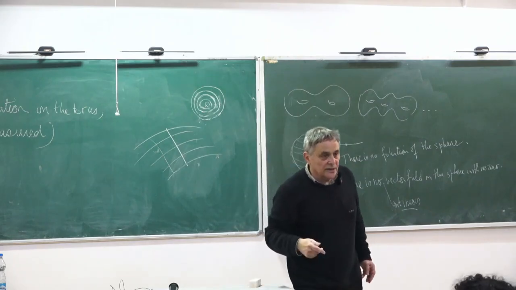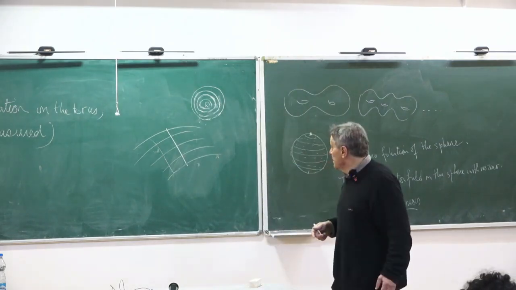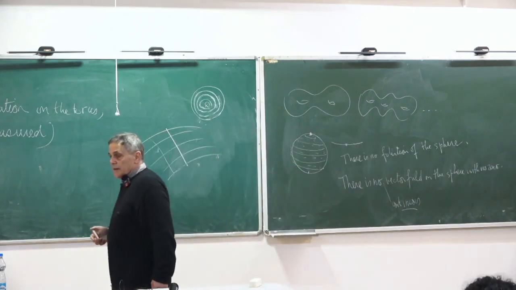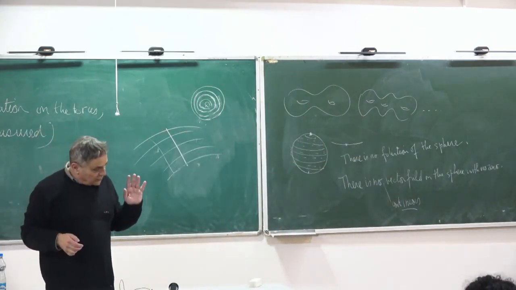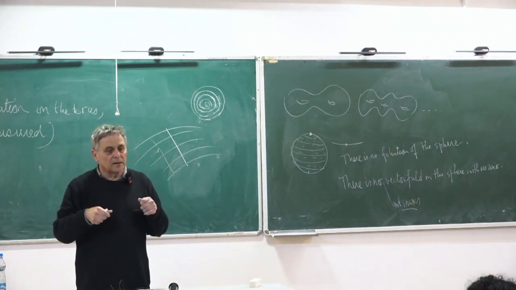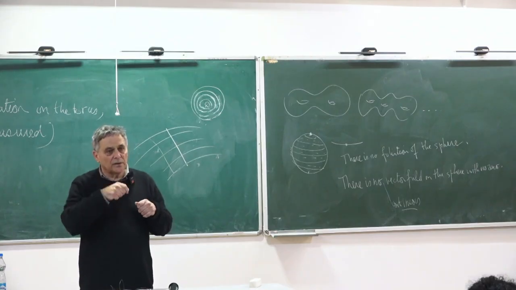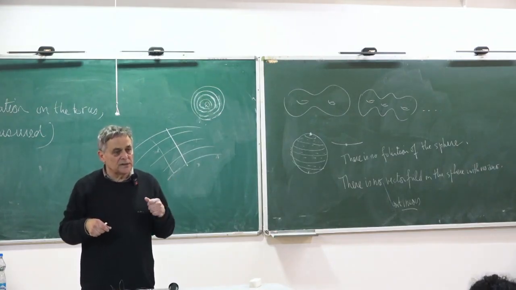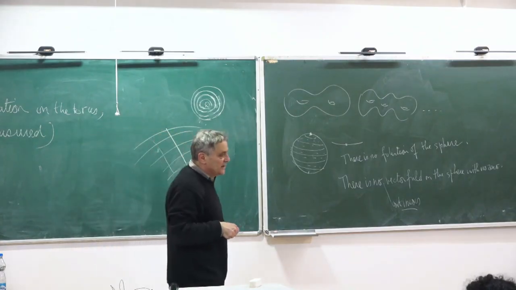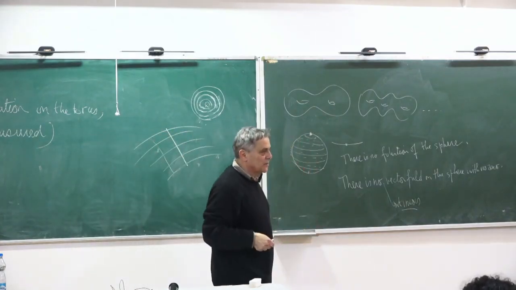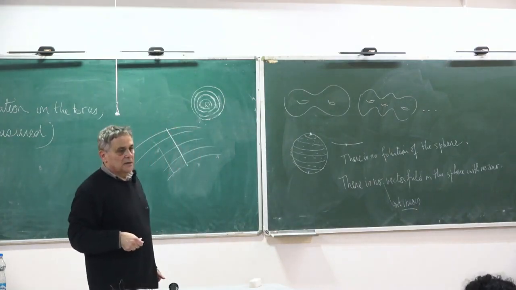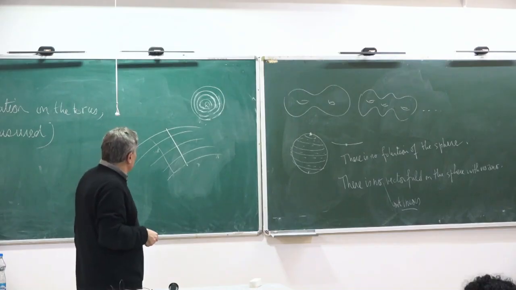I was thinking about the closed disk. This is a closed disk. If you talk about an open disk, then you must specify what you want the foliation to do on the boundary and so on.